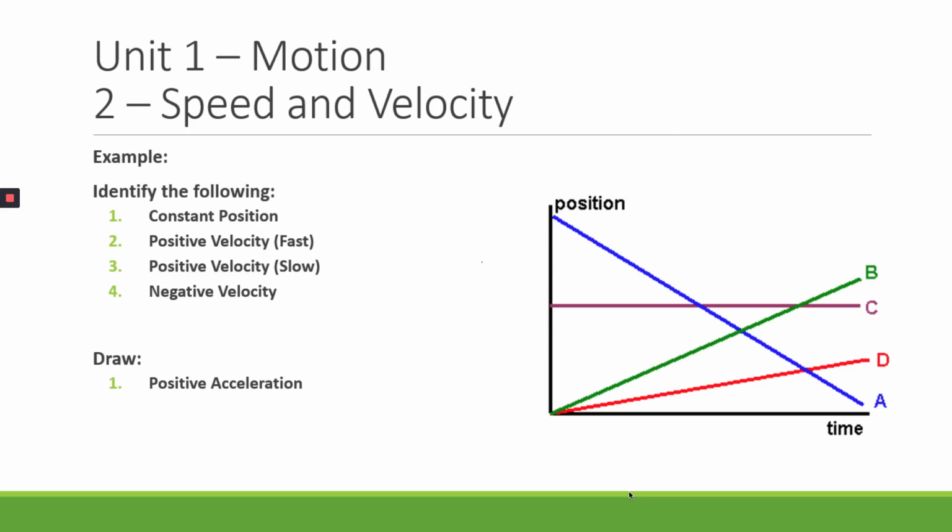Okay. Now this is on you guys. So take out a scrap of paper or something to write with, and look at the following questions. I want you to identify which line shows constant position, which line shows positive velocity fast, which line shows positive velocity slow, which line shows negative velocity, and then I want you to draw in positive acceleration.